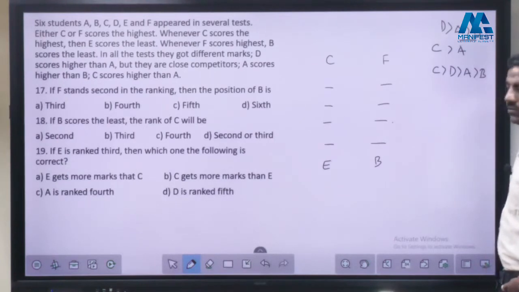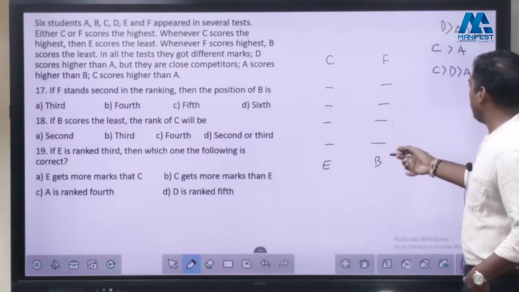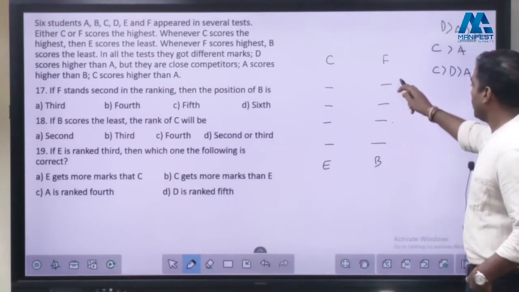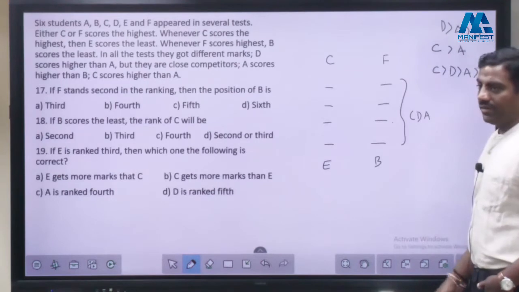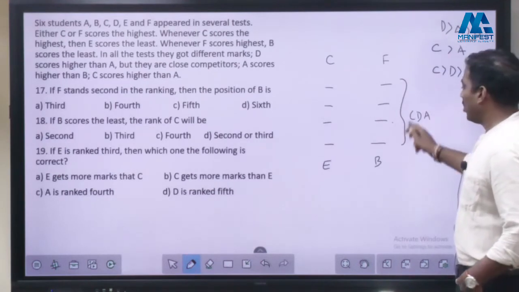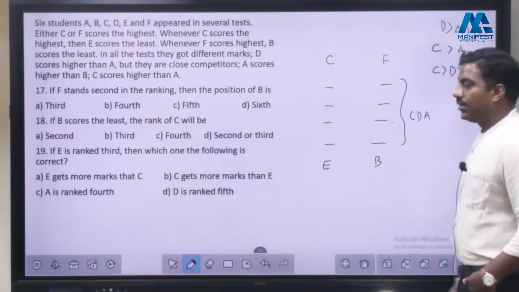This is what we have. Now, if I start from here, C, D, A, B, so B is here. So C, D, A will come here. Three of the four places are occupied by C, D, A because B is here.